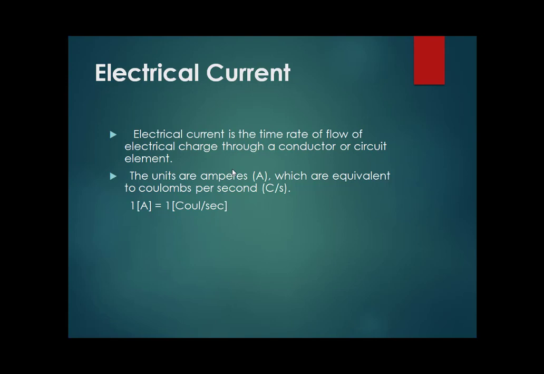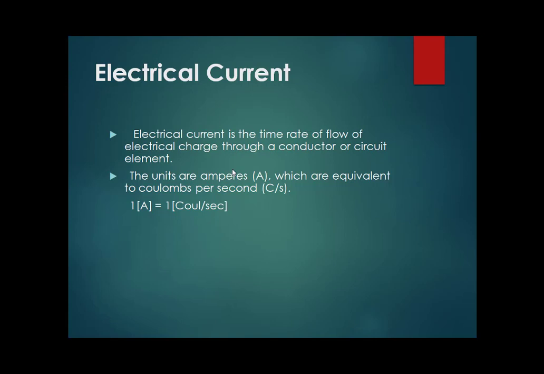So it is the flow of charges in unit time. Its unit is amperes, the basic SI unit, which is equivalent to coulomb per second, I equals Q by T.